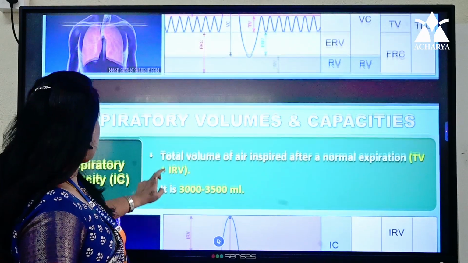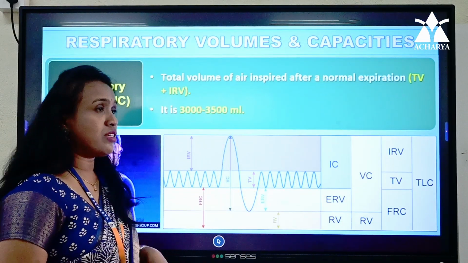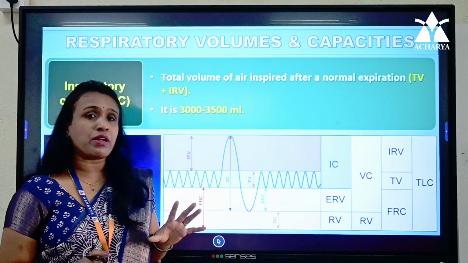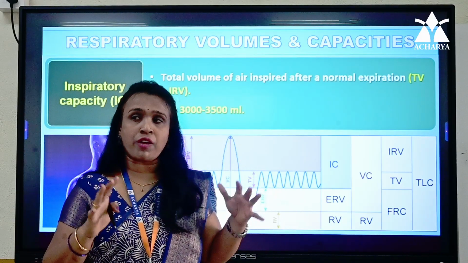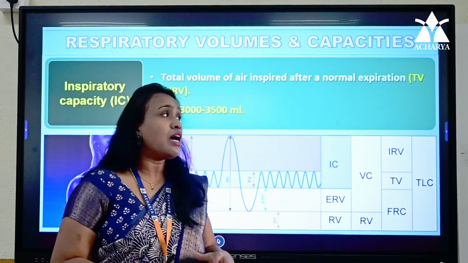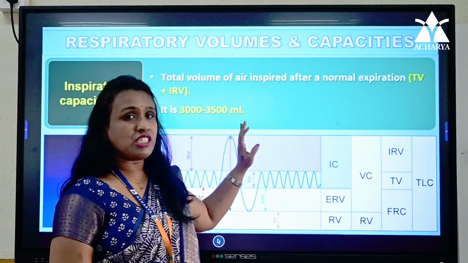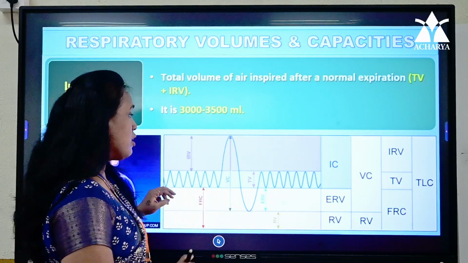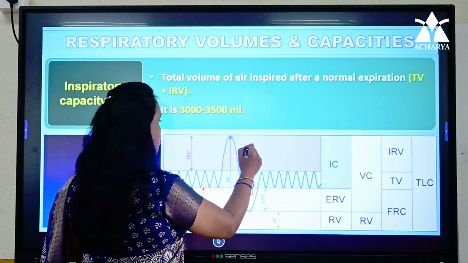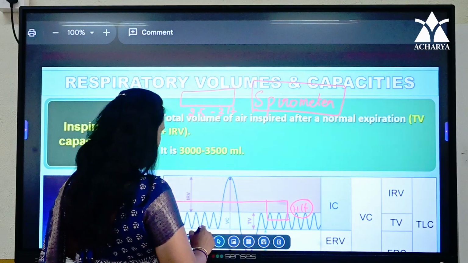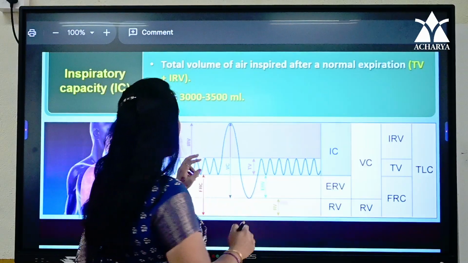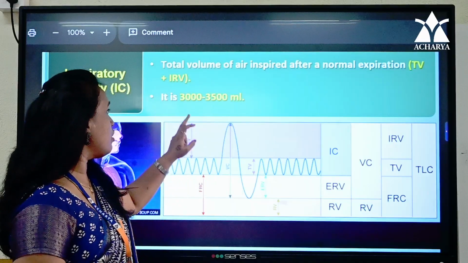Next volume is inspiratory capacity. So what is inspiratory capacity? It is the total amount of air that is inspired after a normal expiration. That is the addition of IRV and tidal volume.